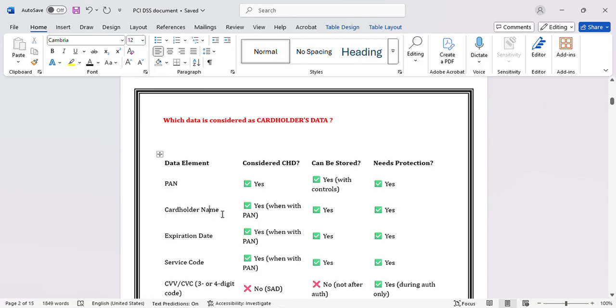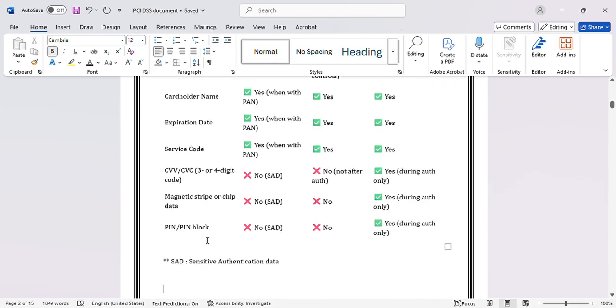If an organization is processing the cardholder name and they also use the PAN, then it is considered cardholder data. Yes, when with PAN. Expiry date, yes with PAN. Or service code, yes with PAN. So we observed one thing: the PAN details are mandatory because this is the basic information.